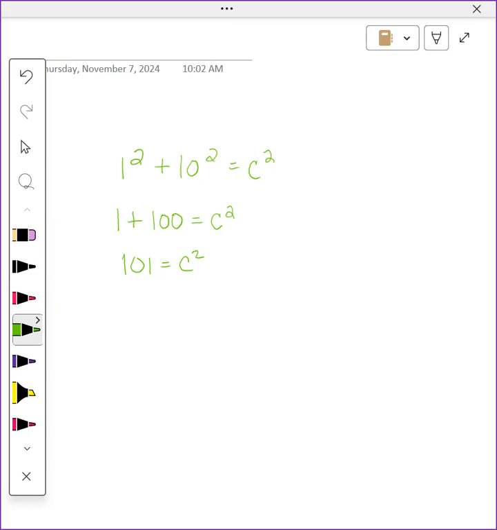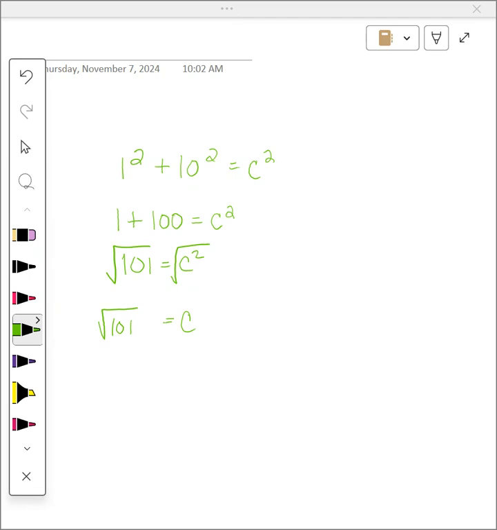How do I get C all by itself? You have to take the square root of both sides. So C equals the square root of 101. That is the length of this side. The square root of 101.